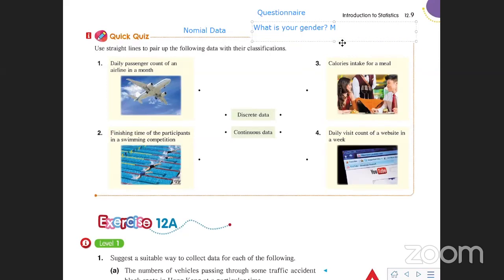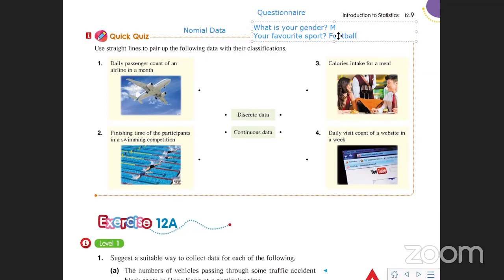Data means information you collect. And sometimes you may ask your favorite sport, then you may answer football, basketball, something like that. If you answer football, then this is also a kind of data.